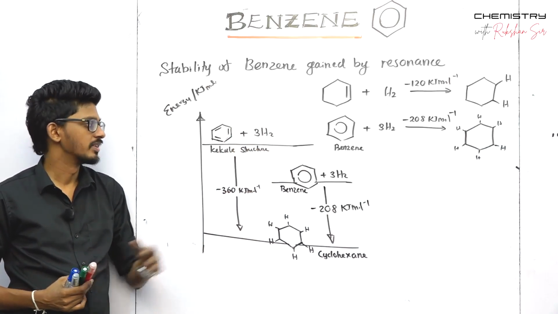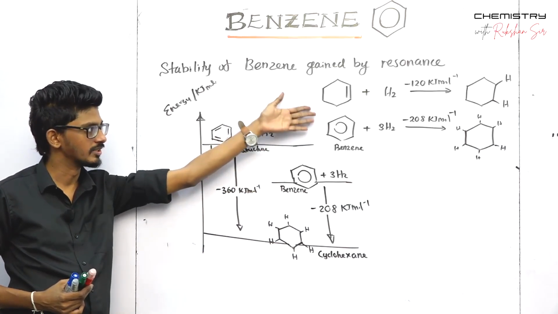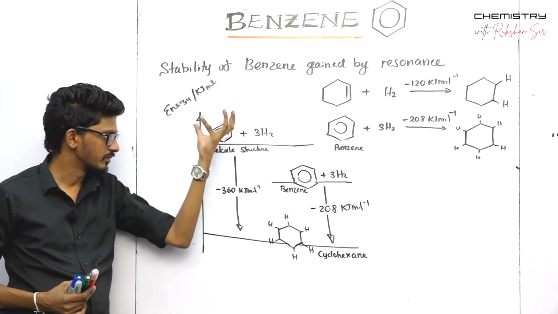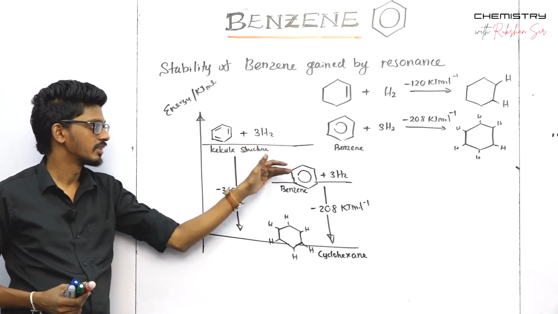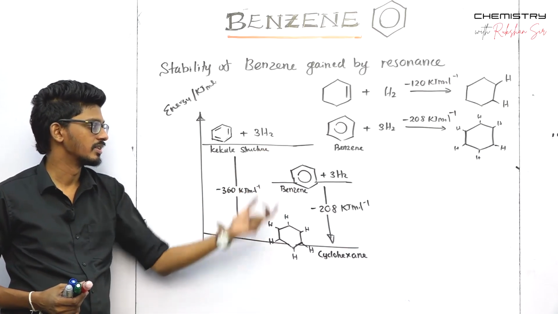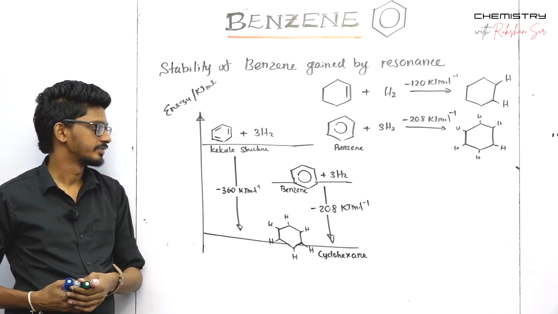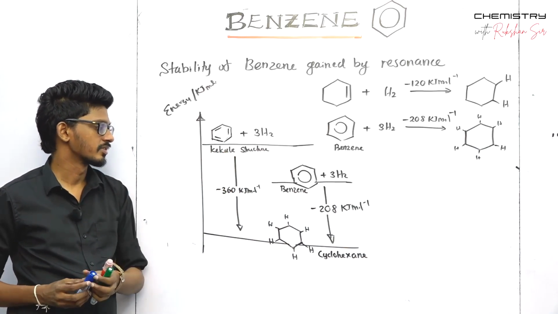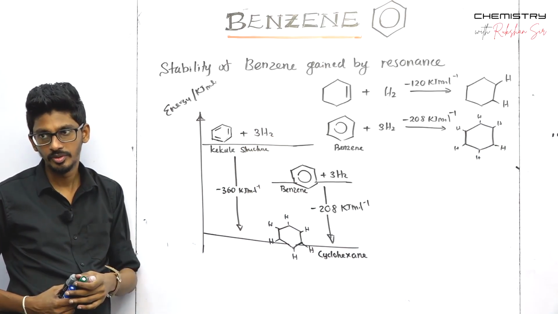So benzene has less energy than the Kekulé structure. According to this observed data, we can construct this energy diagram. So the energy diagram says benzene has less energy than the Kekulé structure. That means benzene has greater stability than the Kekulé structures. Less energy means more stable, right?